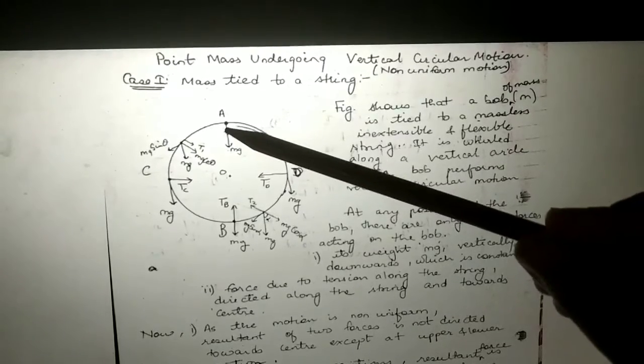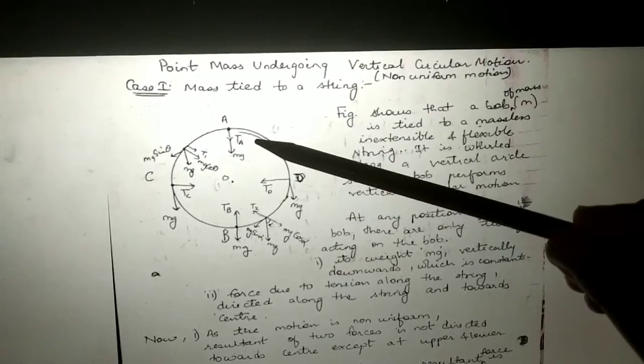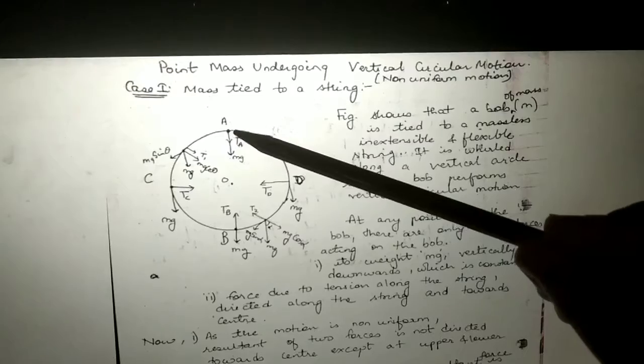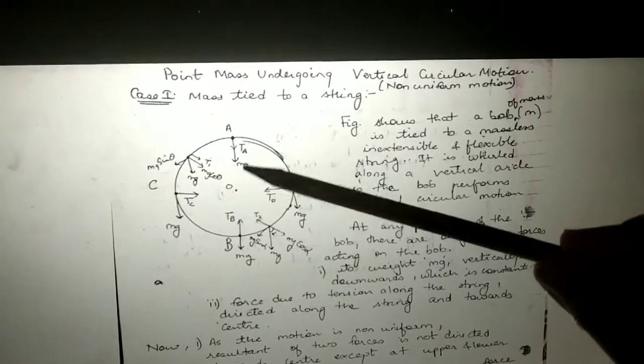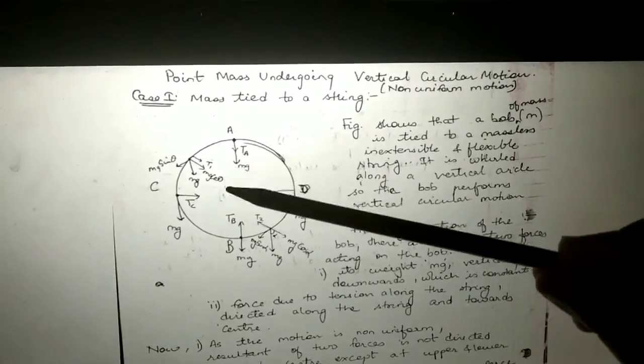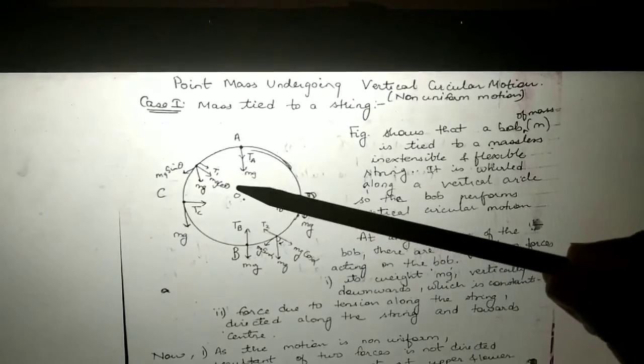The other is the tension Ta, which acts along the string towards the center. Tension is provided by the string on the bob, so its direction is always along the string towards the center.